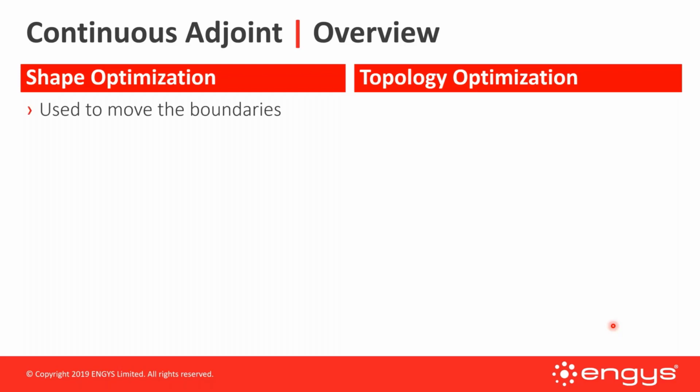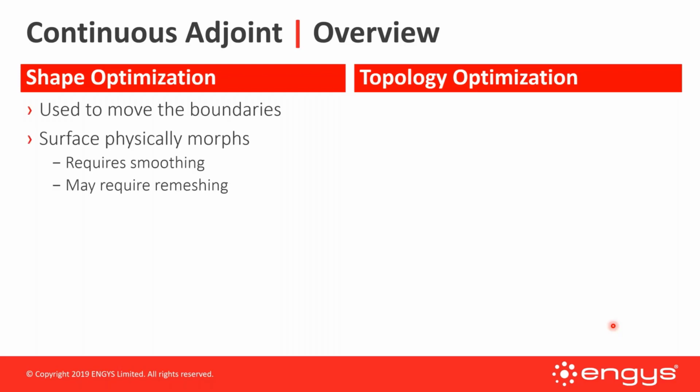Shape optimization is used to move the boundaries. The surface physically morphs, so the mesh is changing. It requires smoothing of the cells near the surface that might be moving, near that wall. And if you move enough, it may require remeshing. This is ideal for small deformations.